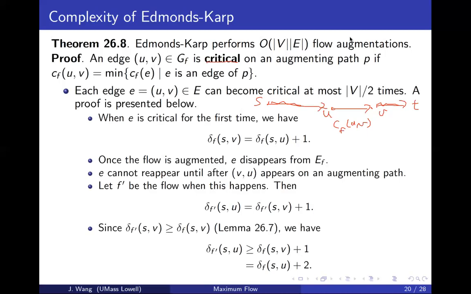Let's say this is from GF. Then when you find an F prime, this edge disappears. And then you have the opposite.